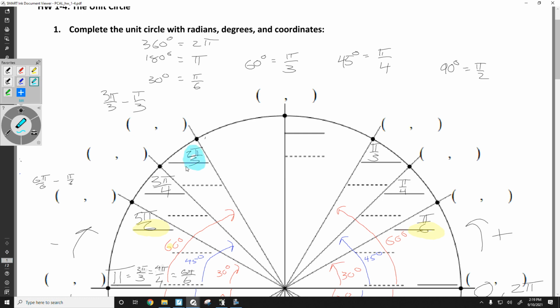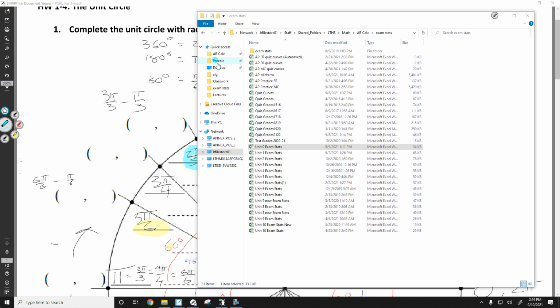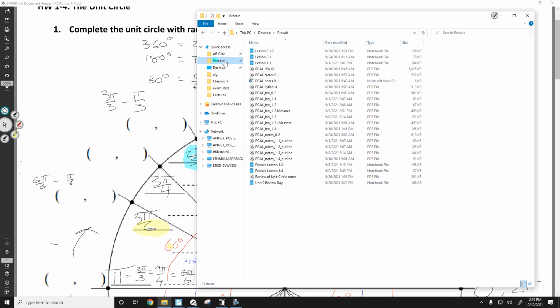Thinking about what we just did, going to the homework assignment that I'm giving you, the Messner homework assignment. This one.